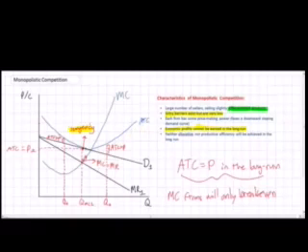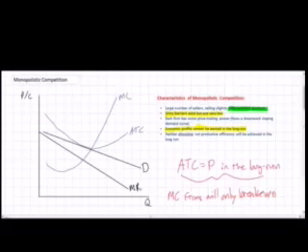Okay, we're going to now clean up our graph and we're going to look very closely at it to determine whether or not efficiency is going to be achieved in monopolistic competition. Okay, here I have redrawn my monopolistic competitor in its long-run equilibrium. How do I know that this firm and this market are in a long-run equilibrium?